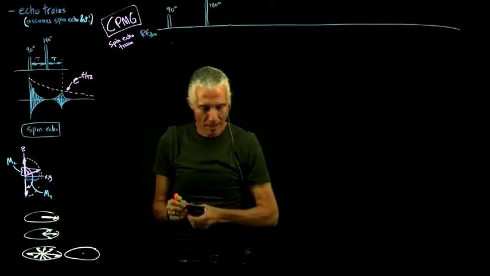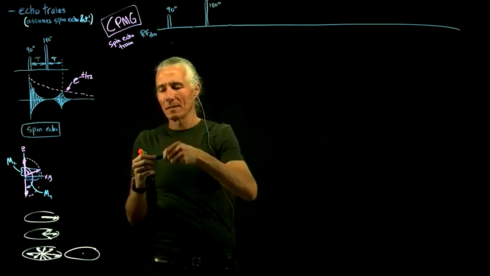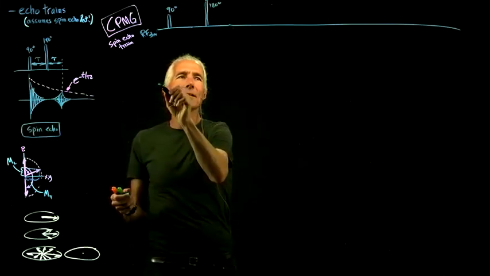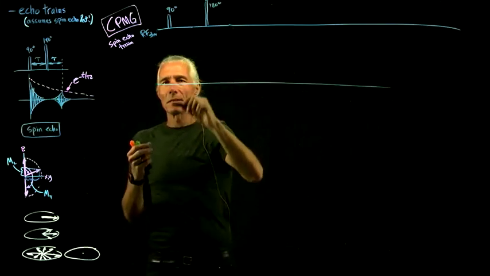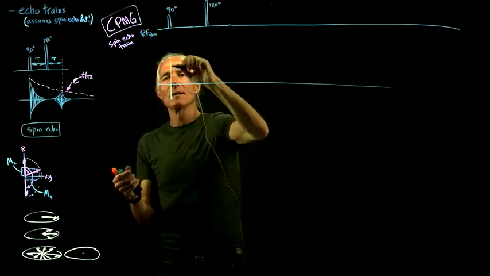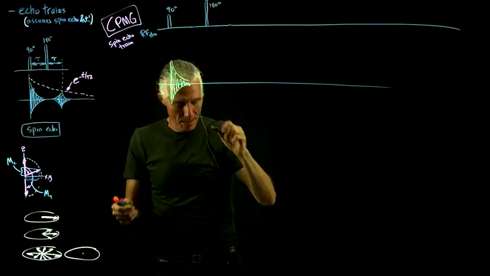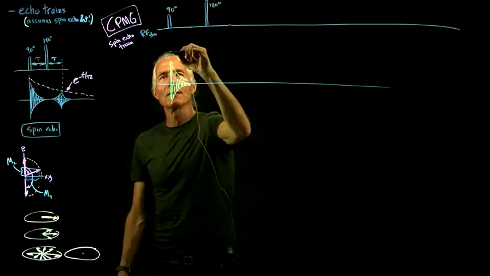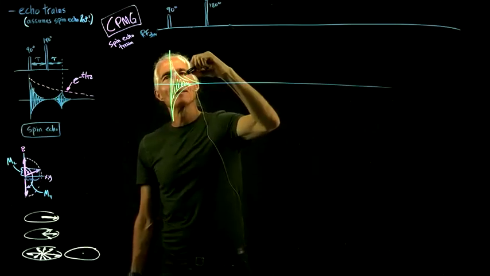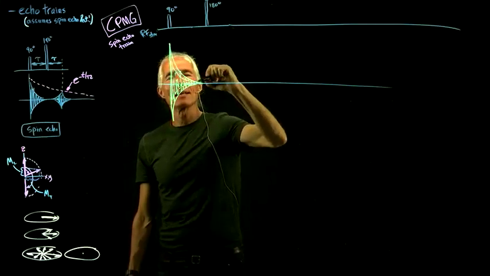If we look at the signal coming out of that, there'll be a big signal here out of the 90. Let's make it a little bigger so that we can decay it reasonably.